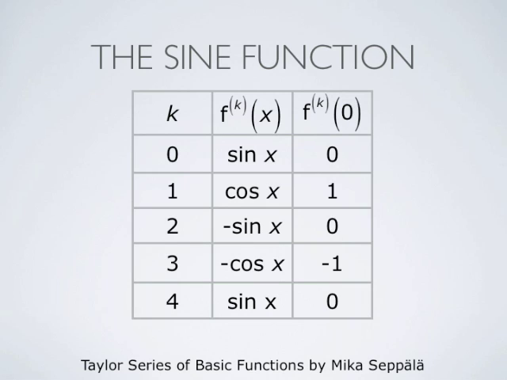Now, by differentiating 4 times, starting with the sine function, we got back to the sine function. This means that the pattern repeats and values of the function and its derivatives follow this pattern: 0, 1, 0, negative 1, 0, 1, 0, and so forth.